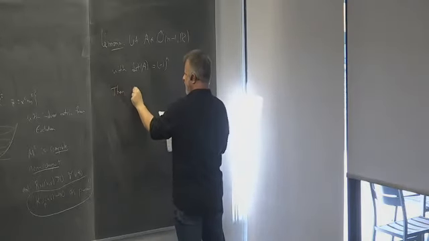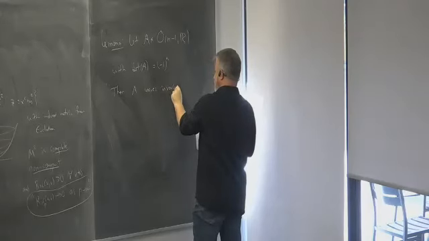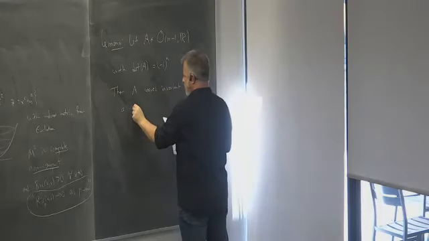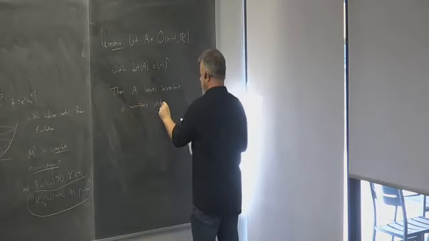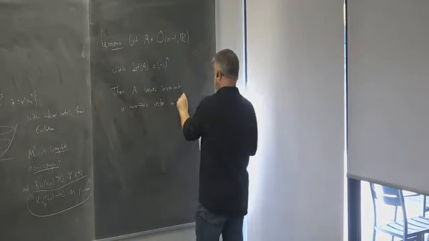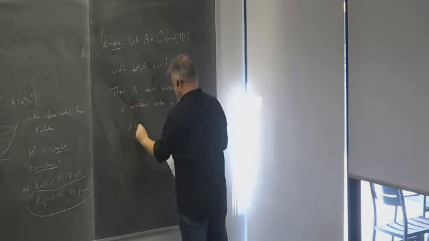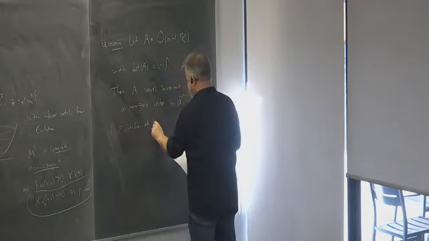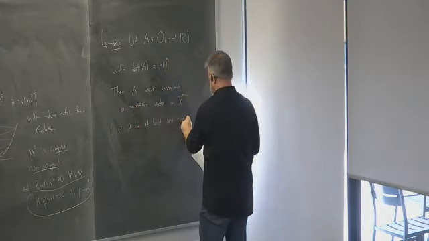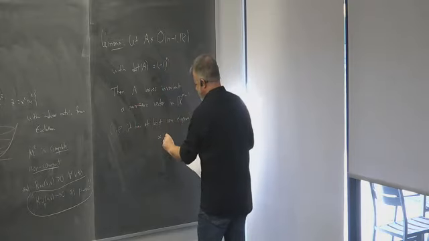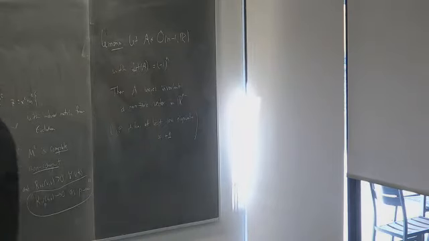Then A leaves invariant a non-zero vector in R^(n-1). So what that means is, it has at least one eigenvalue equal to +1.